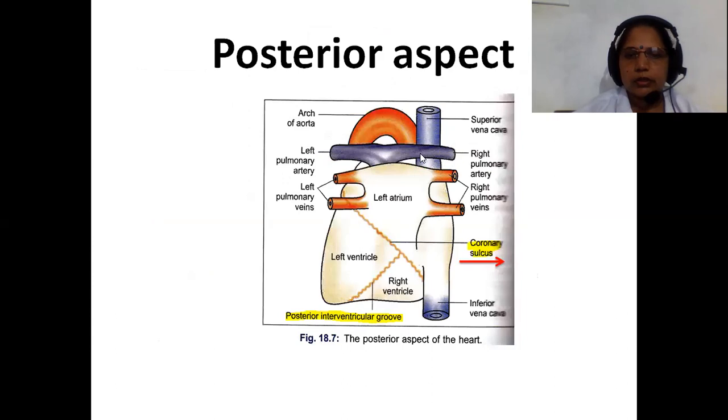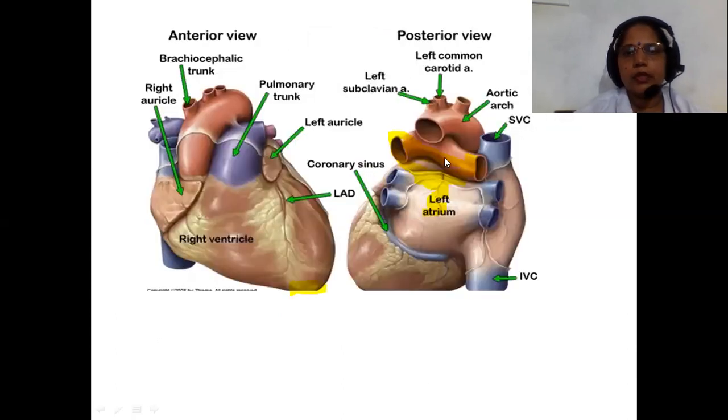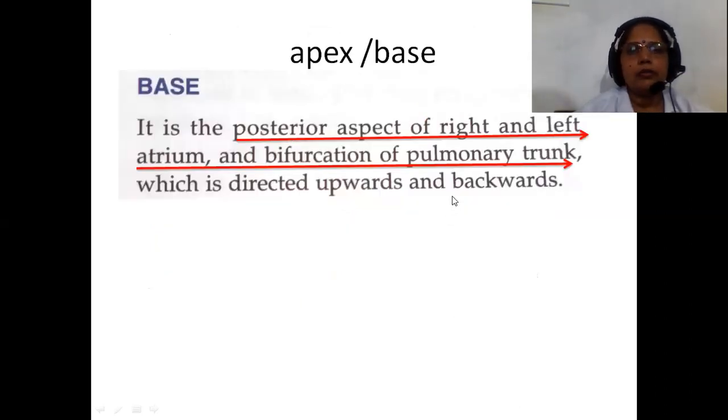So here you can see bifurcation of the pulmonary trunk. यहाँ पे bifurcation, so this structure it is called as the base of the heart. Posterior of the right and left atrium, here you can see bifurcation of the pulmonary trunk, which is directed upwards and backwards.